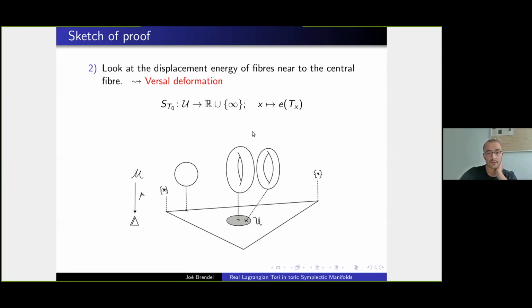These things have nice properties, namely some invariance properties under Hamiltonian diffeomorphisms. This is why they were looked at by Chekanov and Schlenk. But today we are interested in them in another sense. Remember that we want to say something about real Lagrangians, but for now I've just talked about displacement energies.